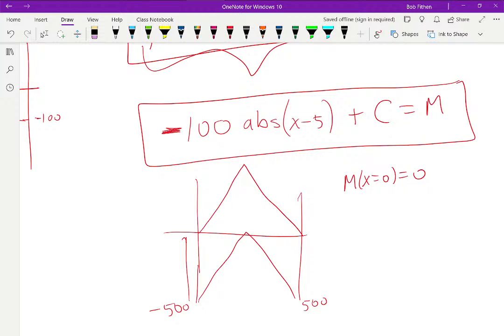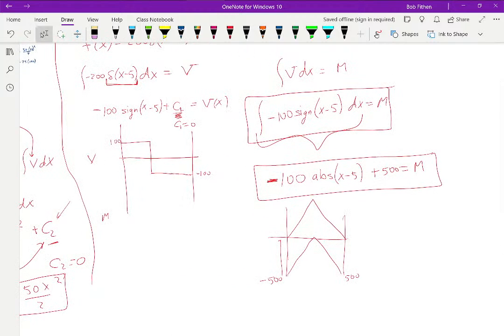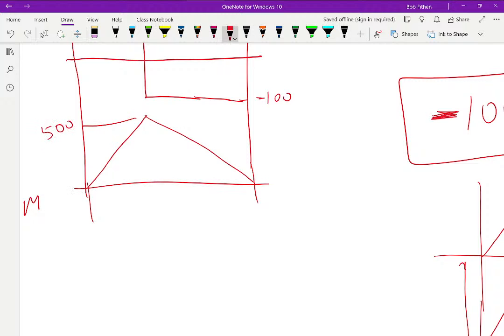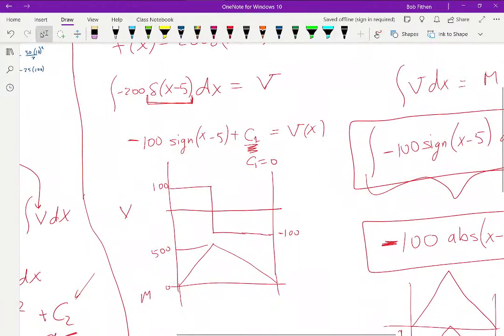So it turns out what I did is I put in 500, and that's what I have. So if you look at the moment, here's what you get. Okay, it's supposed to be halfway across, but it's 500 and it's 0. So that's the shear and the moment diagram. So here's your shear diagram, here's your moment diagram.